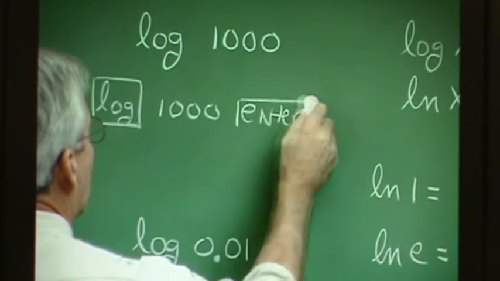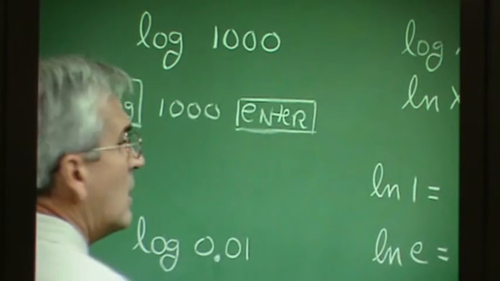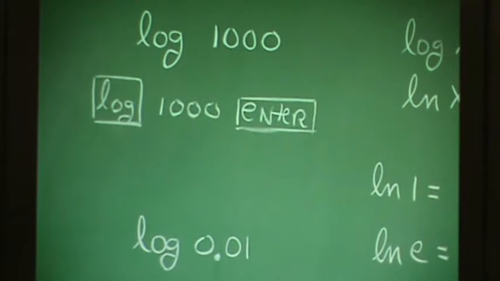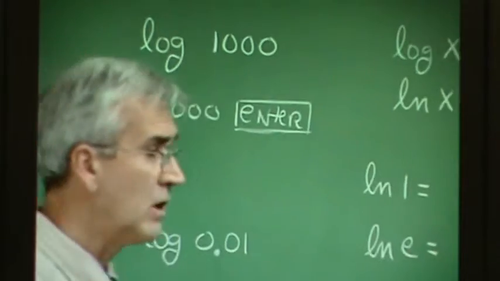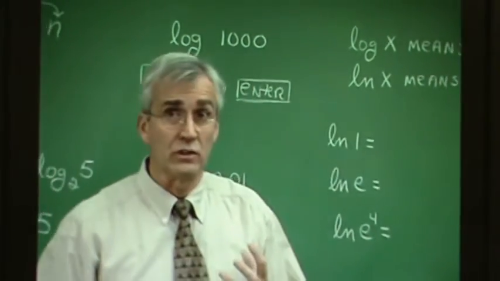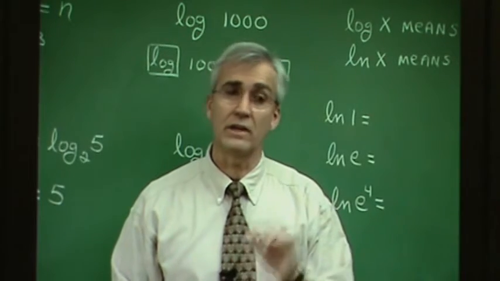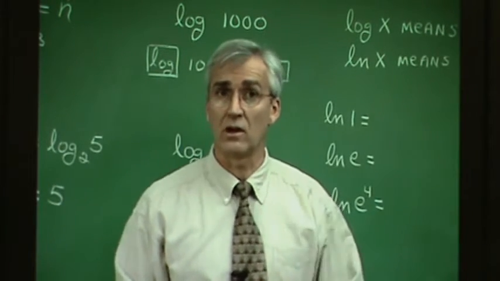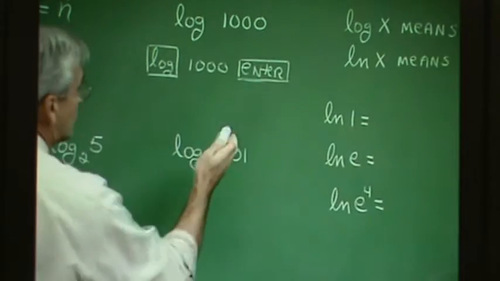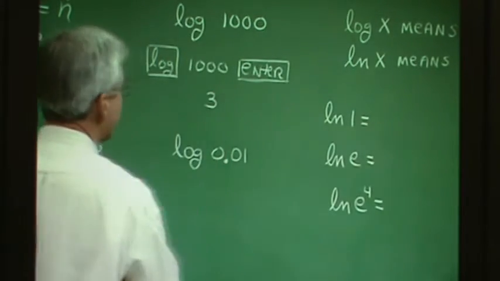Now that's what you do on graphing calculators. On scientific calculators, logarithm is one of those immediate response functions. You don't even have to press enter for it, but you press the 1,000 first, and then you press the log button, and it'll give you the log of 1,000. At any rate, what should come out of this is the number 3.